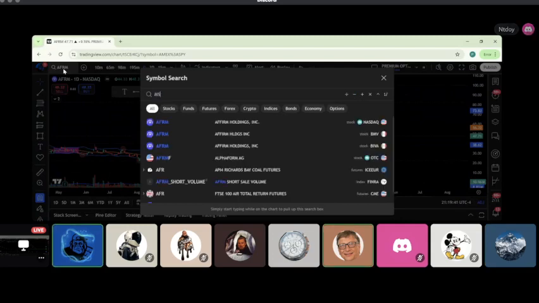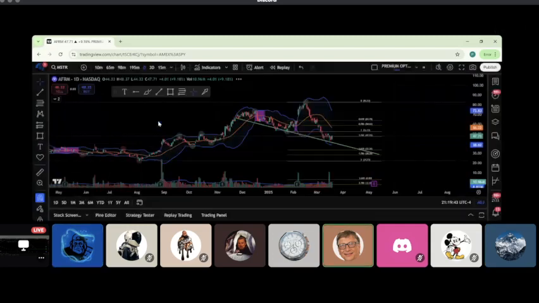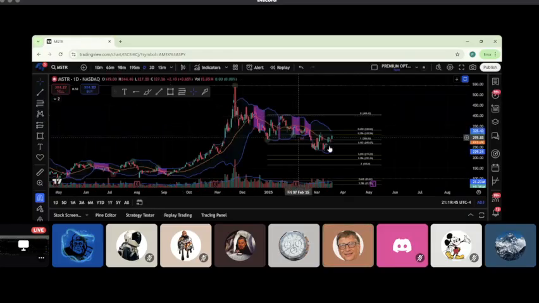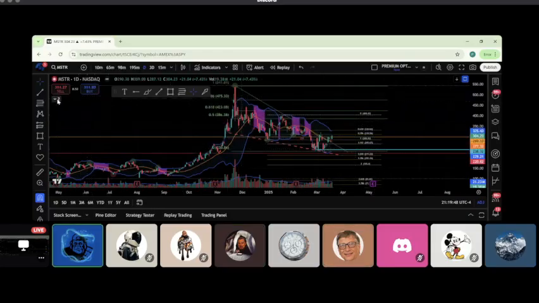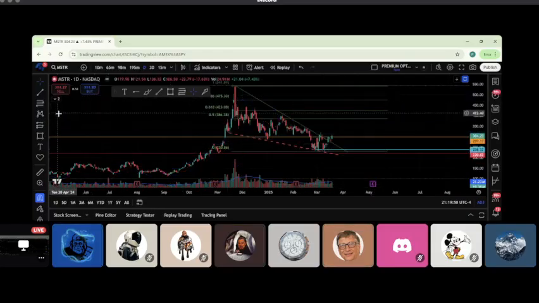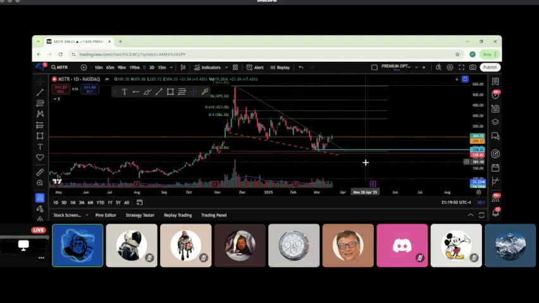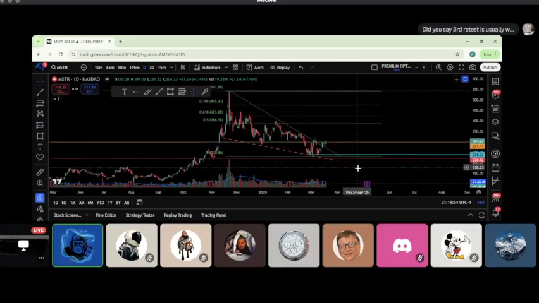MSTR. Oh yeah, this is one that I do like a lot, and I know I've been talking about this for like a month, and last time got completely annihilated. But you know, it had this breakout.